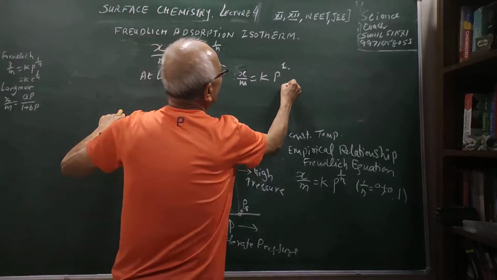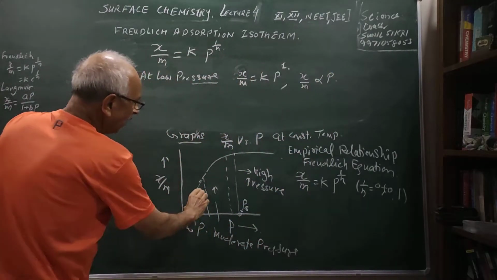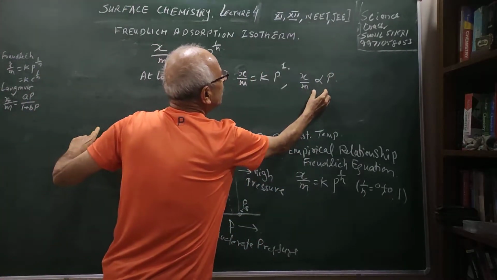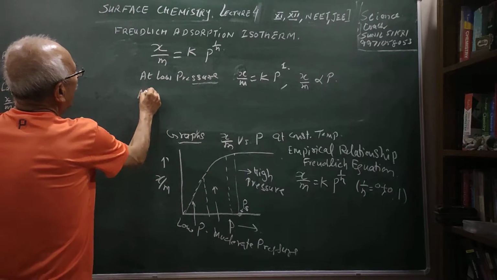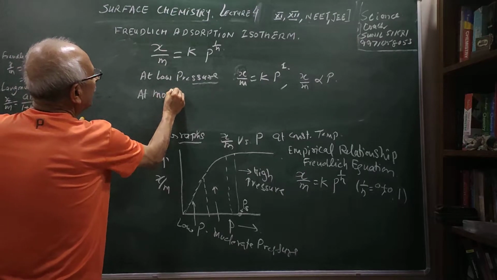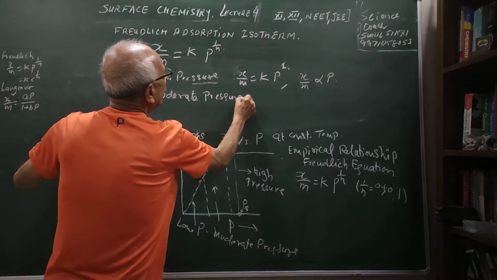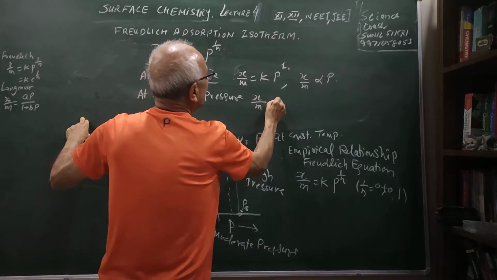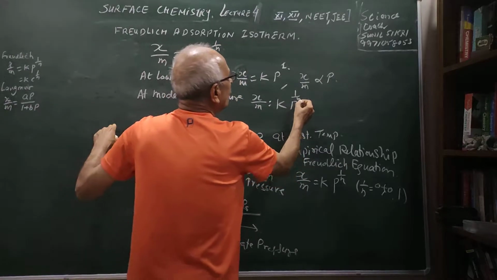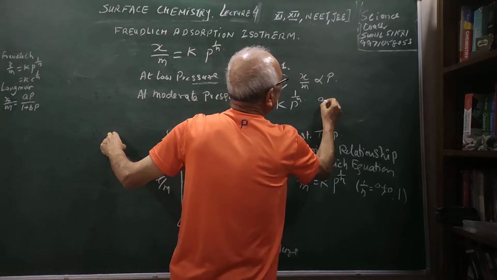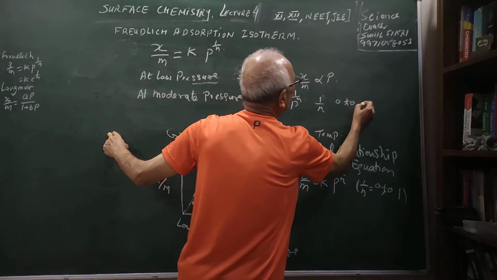So x by m is proportional to the pressure. At low pressure we are getting a straight line as you can see here. At moderate pressure you are getting x by m is equal to k P power 1 by n, where 1 by n can have value from 0 to 1.